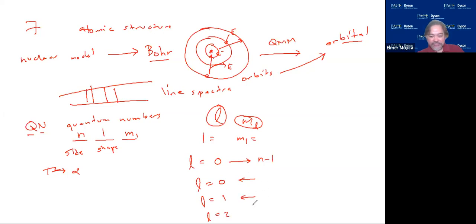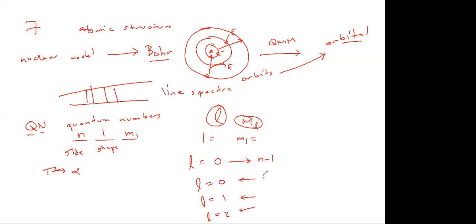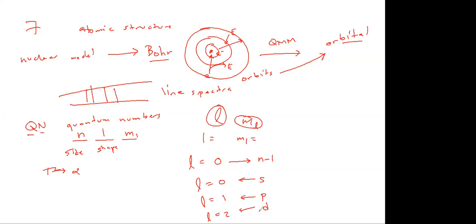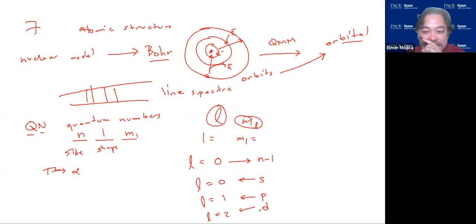So what do we assign for 0? S. Then P, then D. So what it tells us is the shape. What did I tell you? S for spherical, P for peanut, D for double peanut.